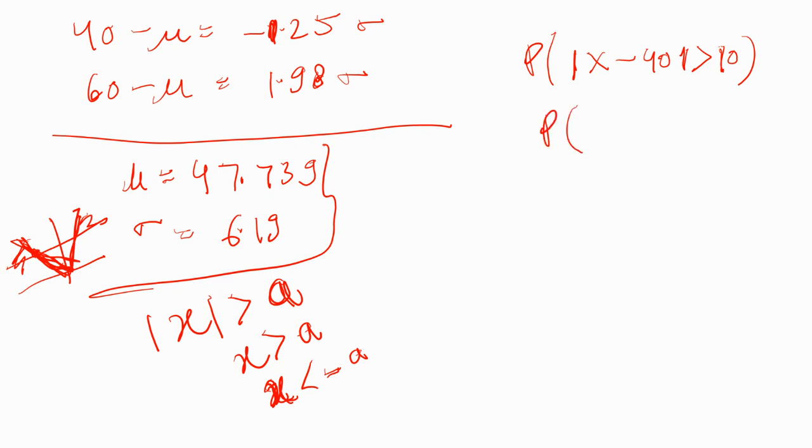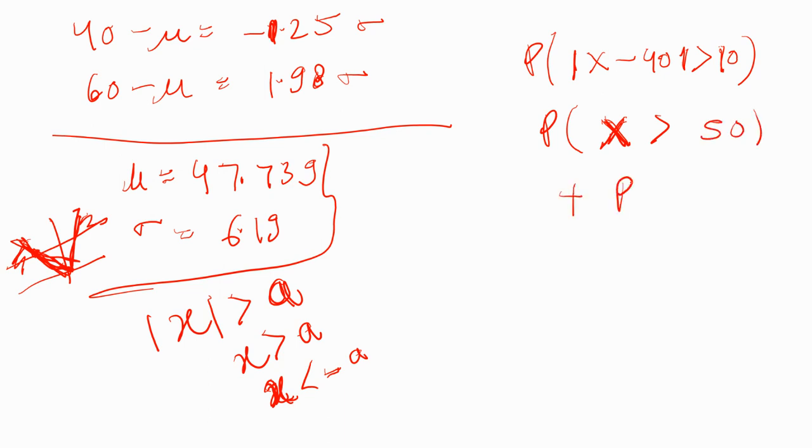So you can either do this way or this way, like open it with positive, so it will be x minus 40 greater than 10, so x will be 50.